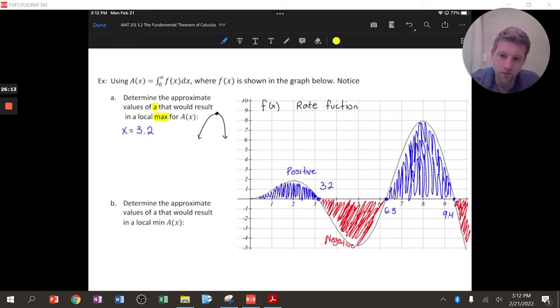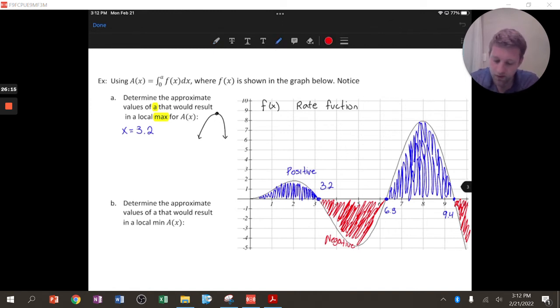So at 9.4, we should have a maximum again for our accumulation. This also checks out because our rate function goes from a positive to a negative. Therefore, we're increasing and then decreasing in terms of our area accumulation. So those 2 points.